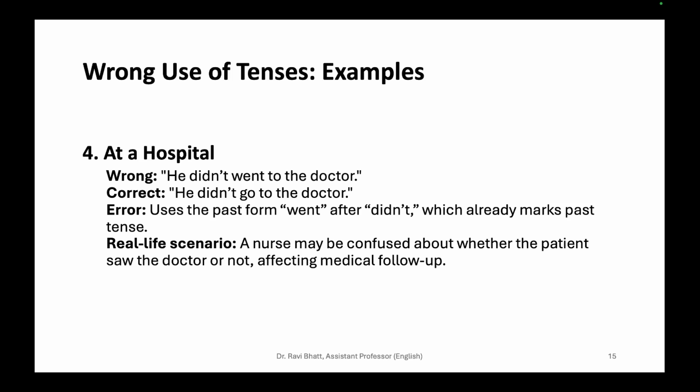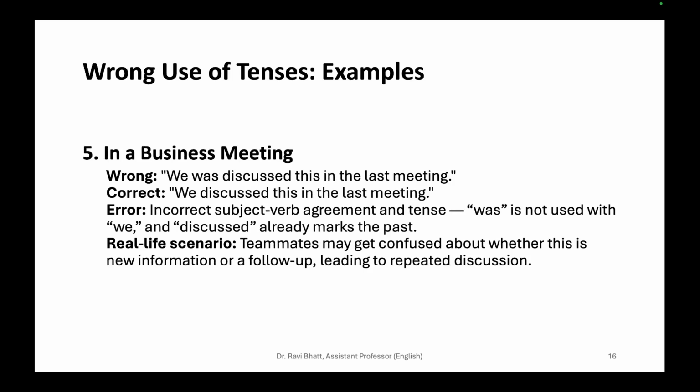So, I will always say, "He didn't go to the doctor." Using the past form "went" after "didn't," which already marks past tense, is wrong. A nurse may be confused in a real life scenario about whether the patient saw the doctor or not. So, it will be, "I didn't go to the doctor."